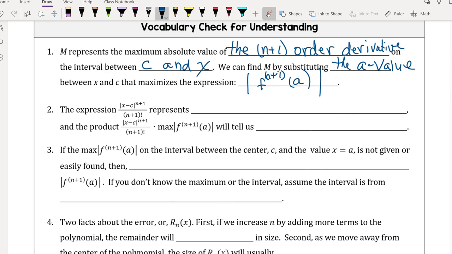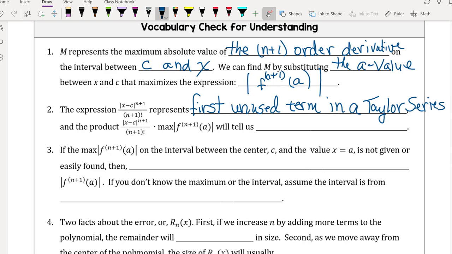The expression absolute value of x minus c to the n plus 1 over n plus 1 factorial represents the first unused term in the Taylor series. Just like we talked about in an alternating series when we were talking about its error, we looked at its first unused term.